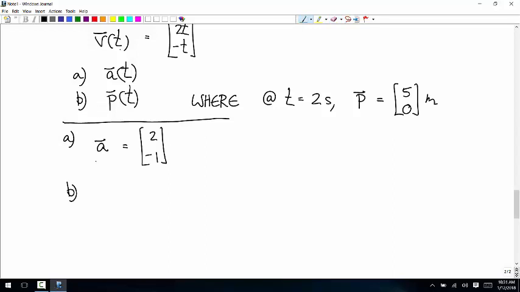For part B, we have that the velocity is this function. We want to figure out the position, so we're going to represent the velocity as the time derivative of the position.